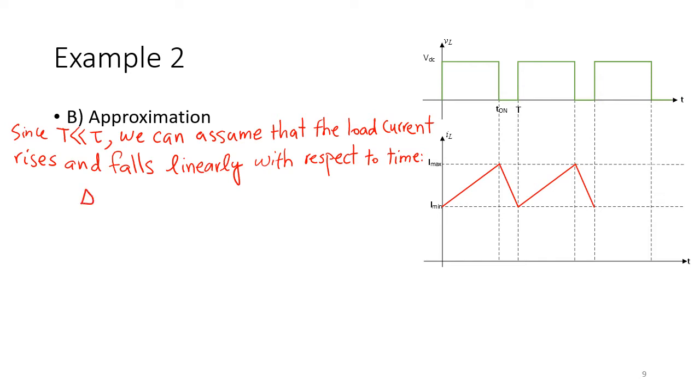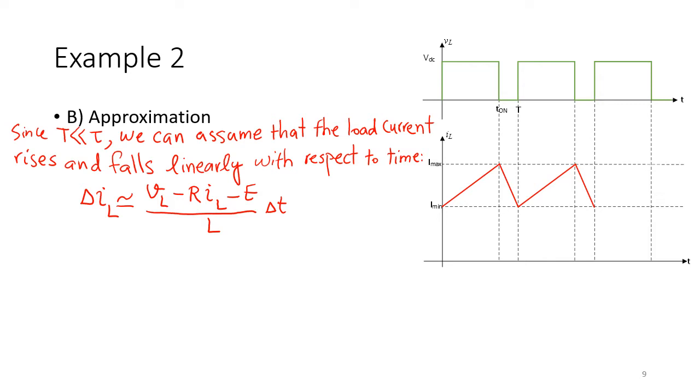In general, delta IL, the ripple in the current, can be approximated with VL, and I emphasized several times that this VL is not the average VL, minus R IL minus E over L delta T. That was the formula in a more general case.